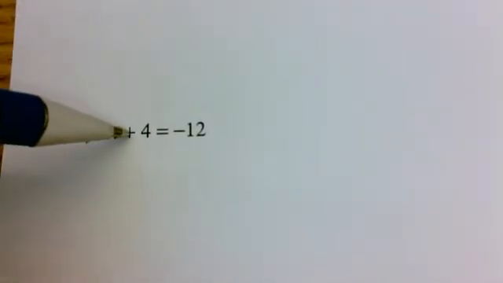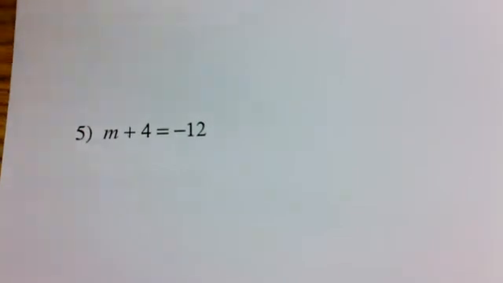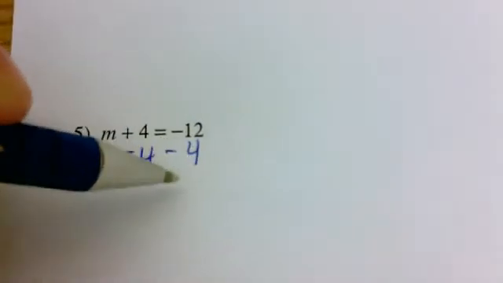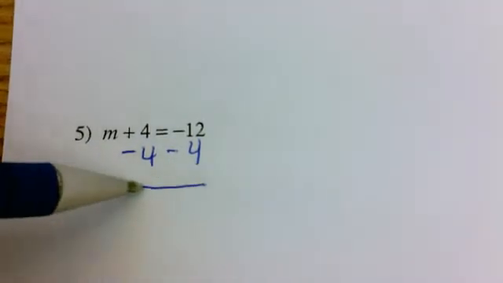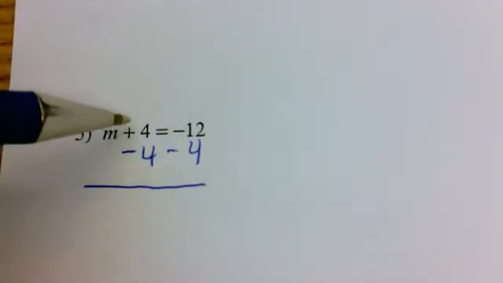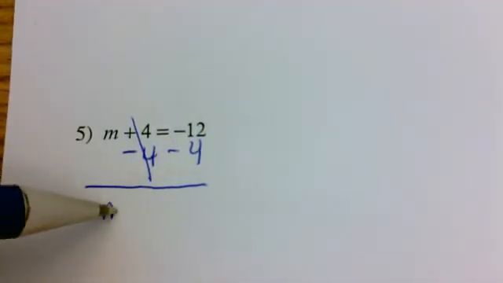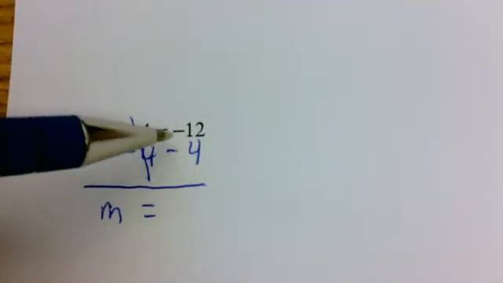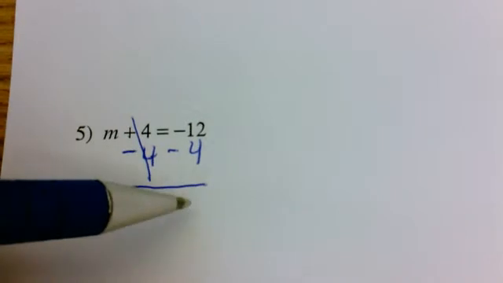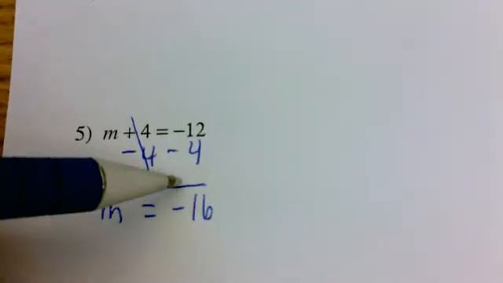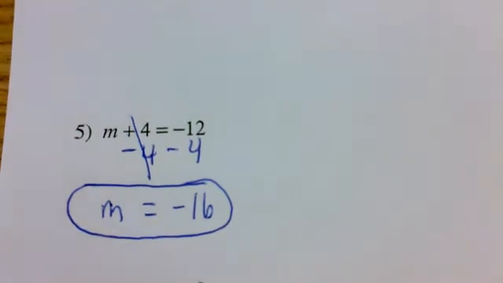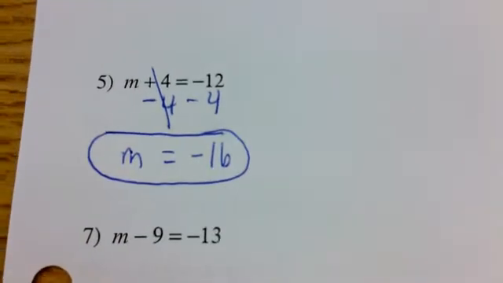So if it's a positive 4, I'm going to subtract 4, put my line across, my 4's cancel, and I get m equals, and then if the signs are the same, I add and keep the sign, so I get negative 16. That's it.